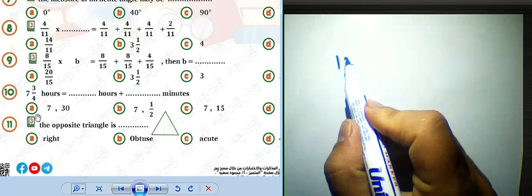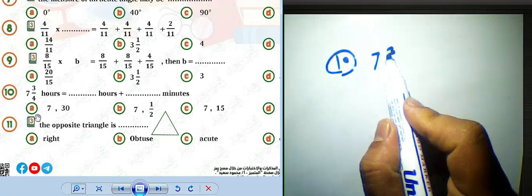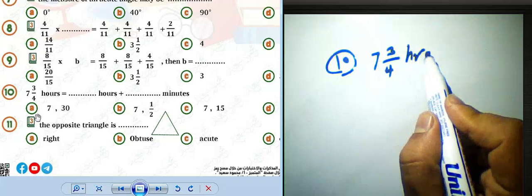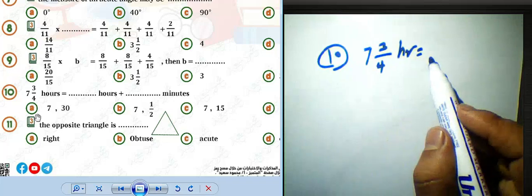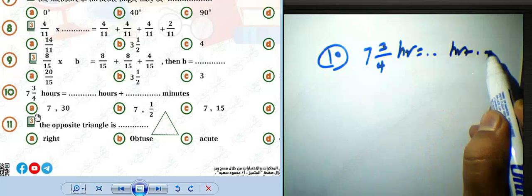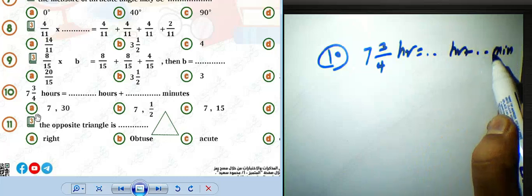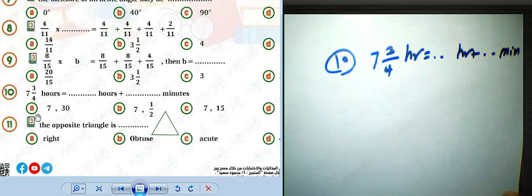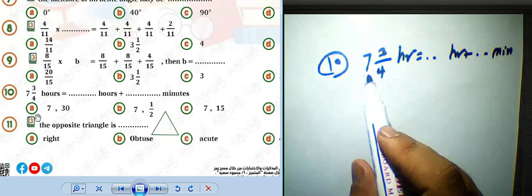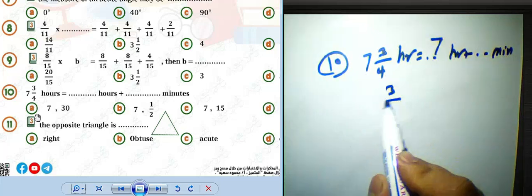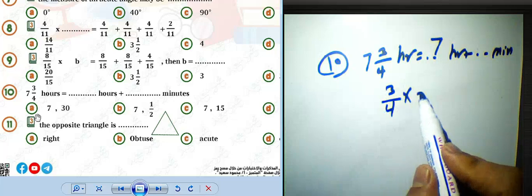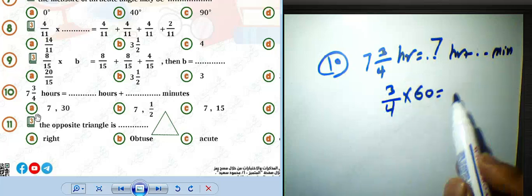Number 10. 7 and 3 over 4 hour equals space hour plus space minutes. Who can solve this example? It's very easy. We must write 7 in hour here and 3 over 4 hour multiplied by 60 to convert from hour to minutes.